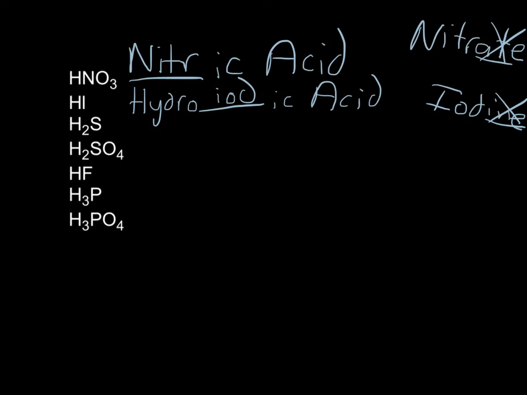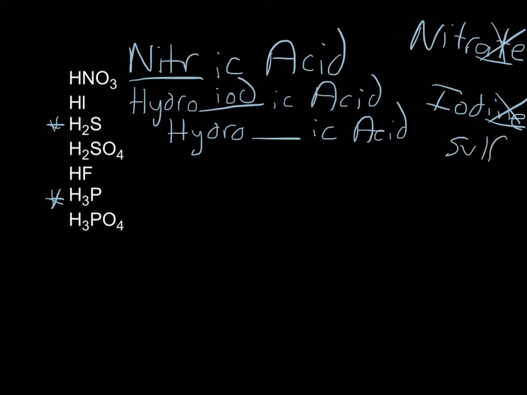H2S. Again, there's no oxygen. So since there's no oxygen, it's going to be hydro-blank-ic acid. Now in your notes, I had you put a star next to H2S and H3P. The reason why is there's no way of shortening the name of H2S.